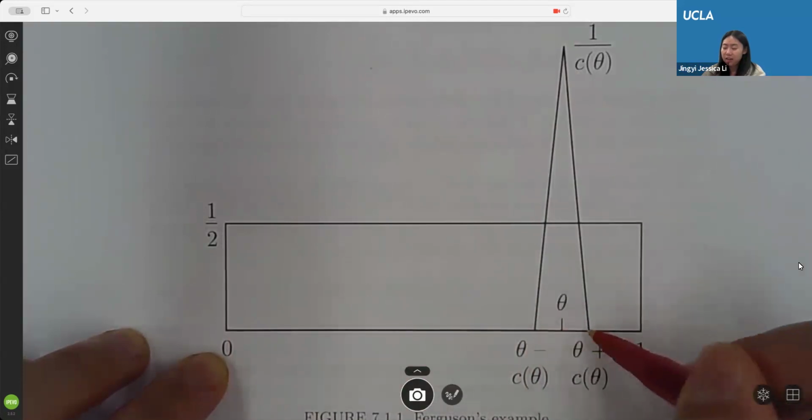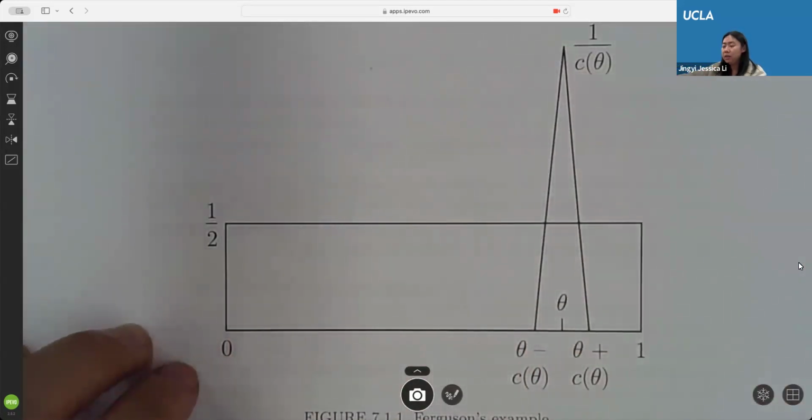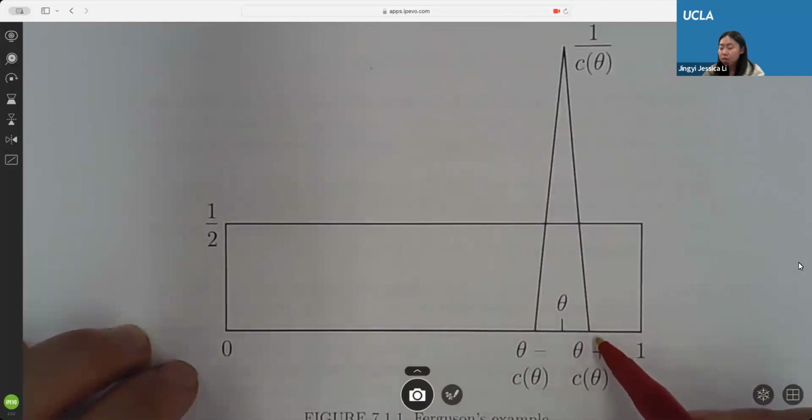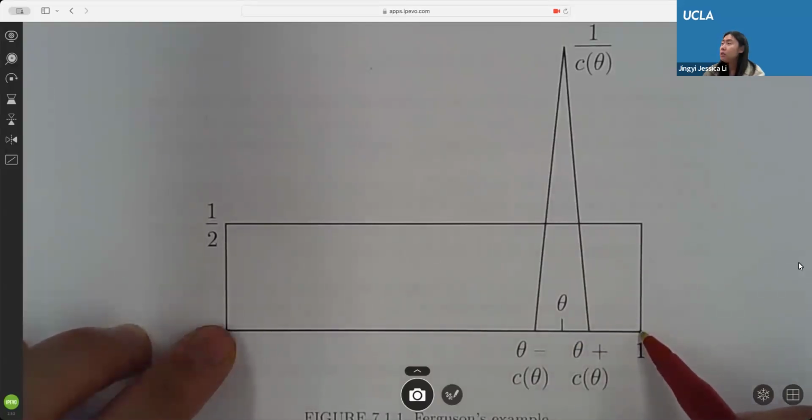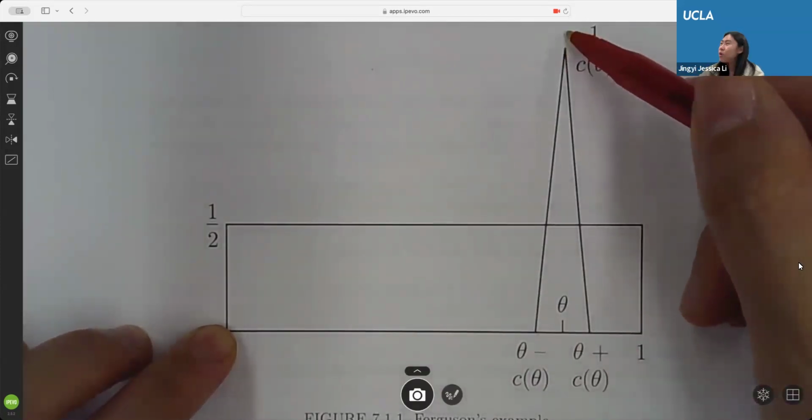He needs the two sides to be within the unit interval. So as theta moves towards 1, the interval length should shrink, and the density maximum will go up.